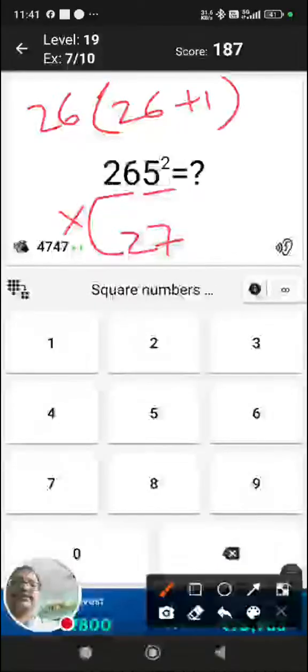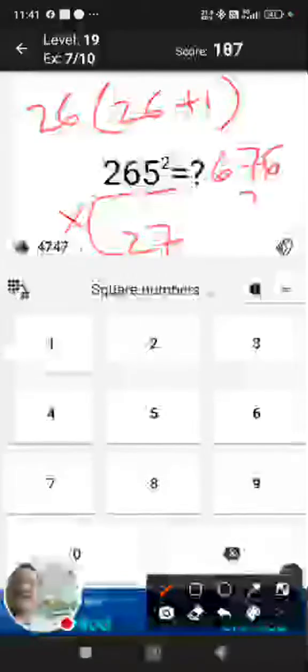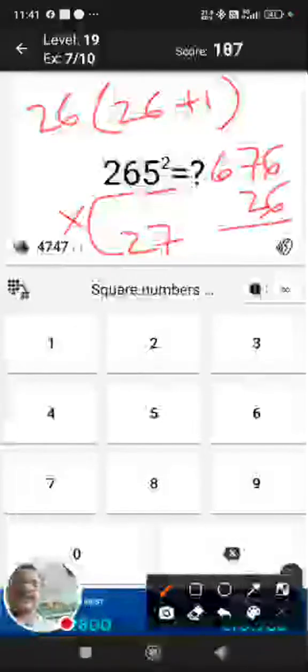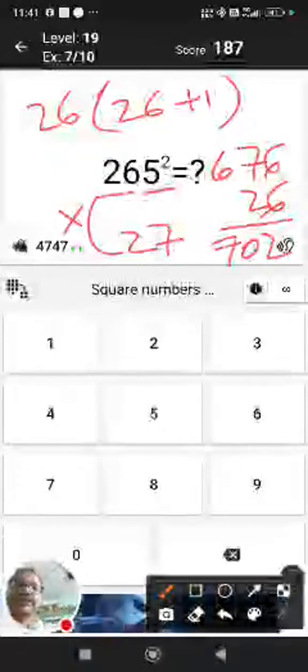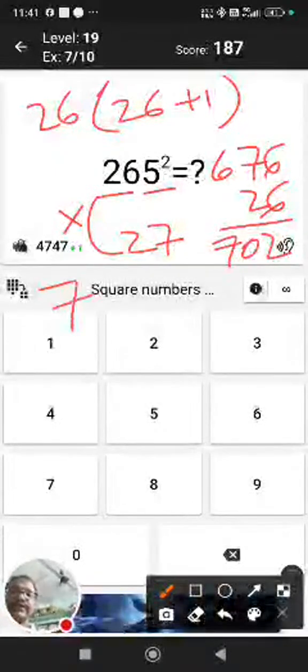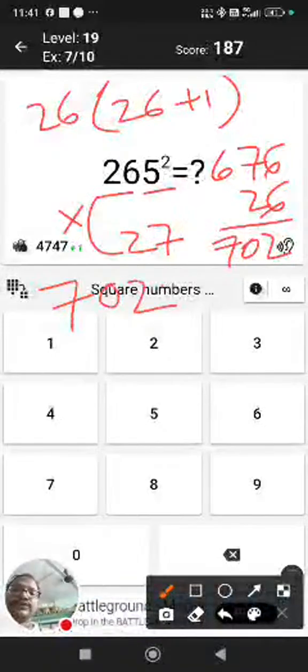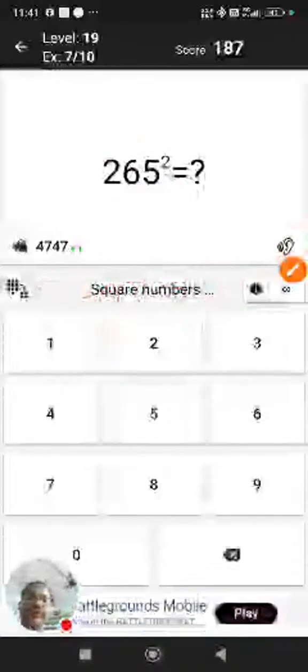So 26 square, which will be 676, sorry. So 702 and 5 square 25. So the answer will be 70275.